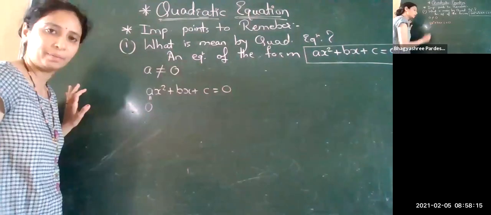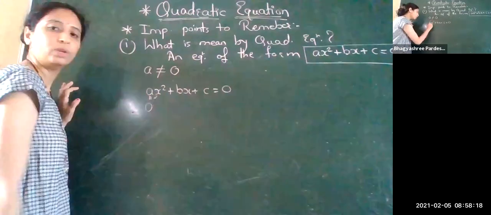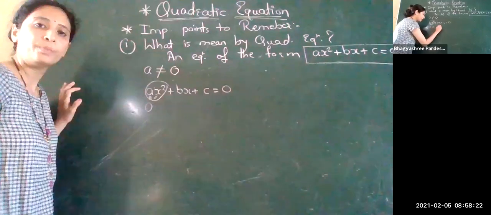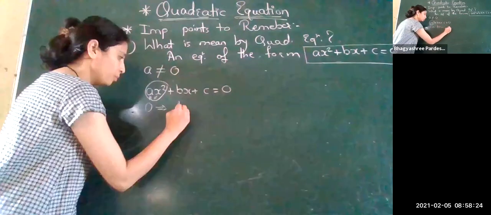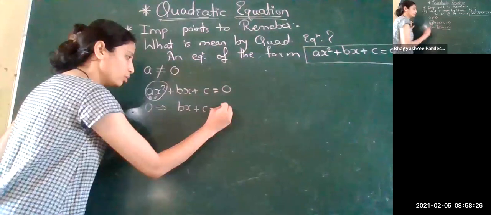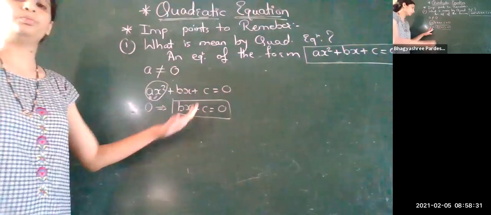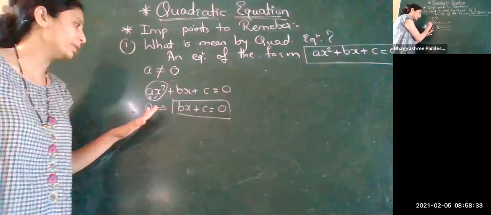Simply the x square term will get cancelled, and we'll get bx plus c is equals to 0. What happened here, student? The x square term has been cancelled.